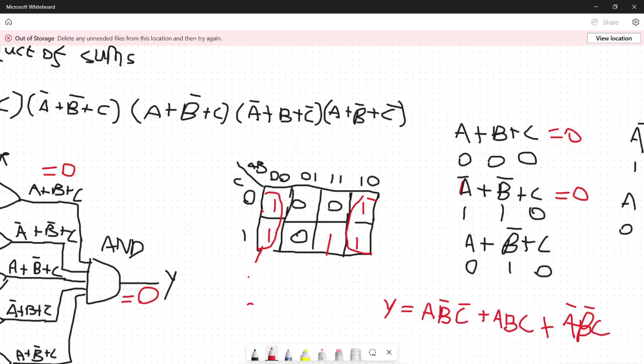So this becomes 0, 0, 0, and this becomes 0, 0, 1. So we immediately know the C's changing between these terms. And then we know, okay, 1, 0, 0, 1, 0, 0.